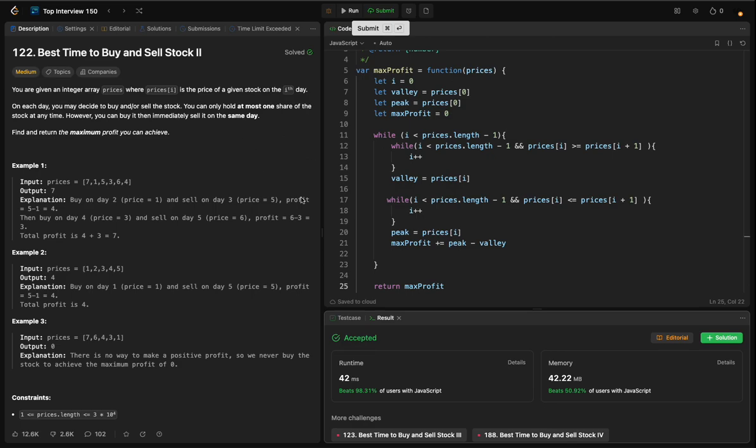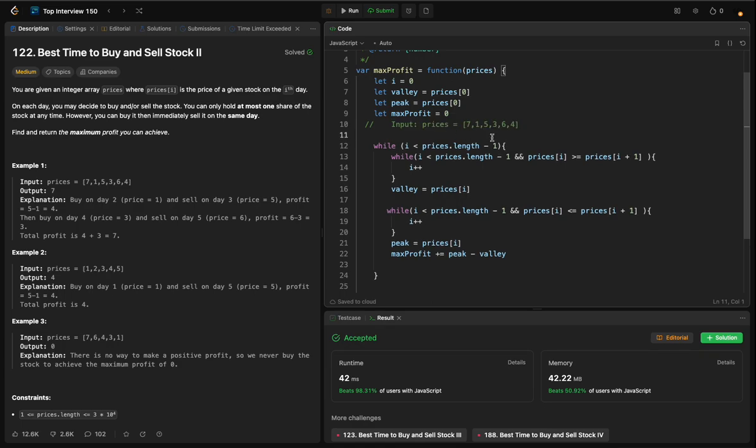So let's try to see how we can do it on this example. First, we want to find the valley, which will be any element that is smaller than its next. So right now the valley will be 1.